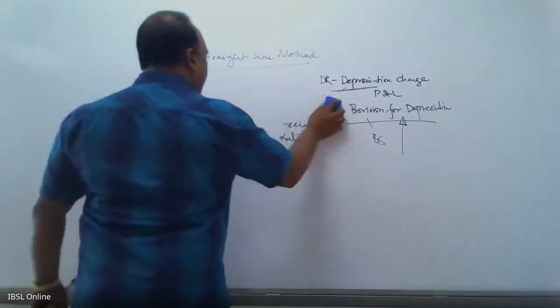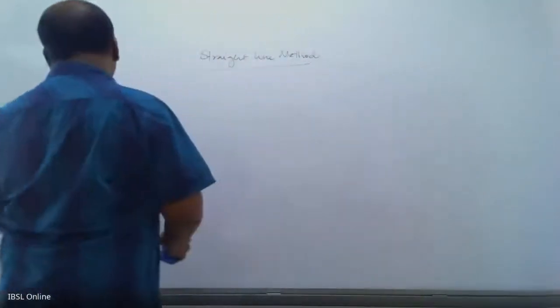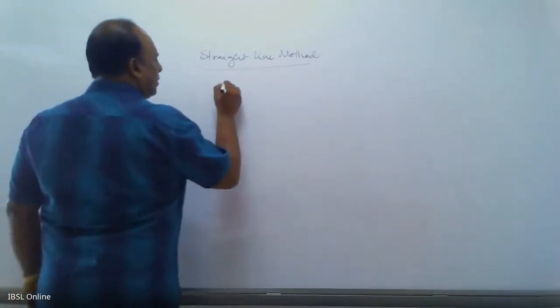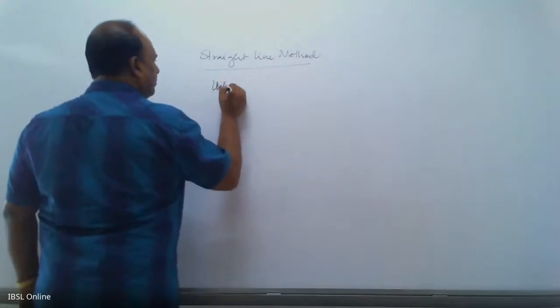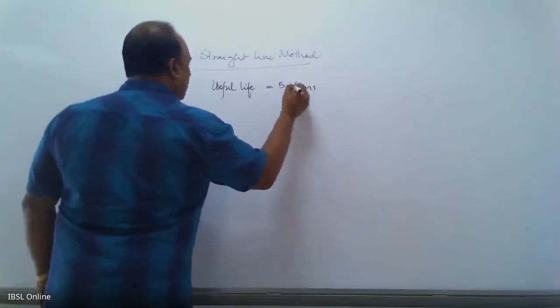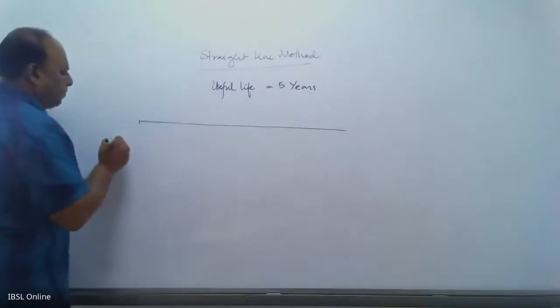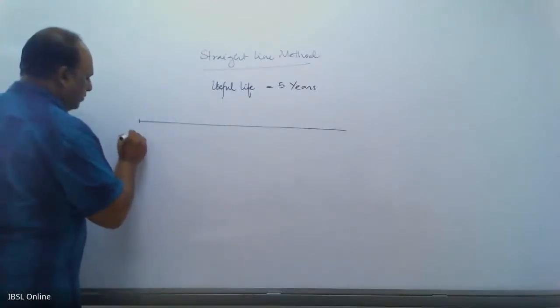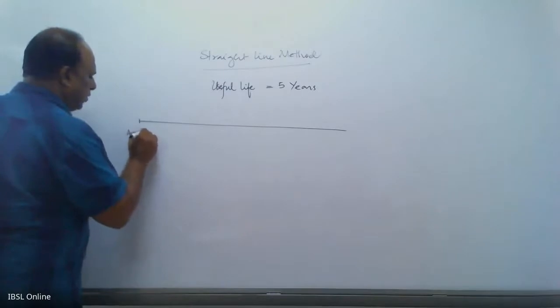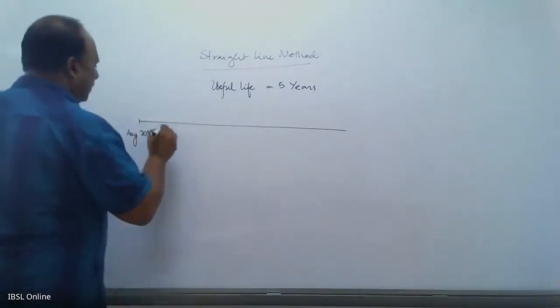Now under the straight line method, they say this is more suitable for an asset which has a useful life of, let's say, 5 years. So you start an asset now. Let's say we are in August 2020, and we assume that we have a financial year ending December.